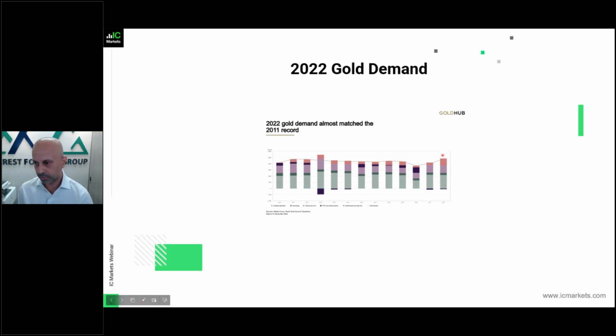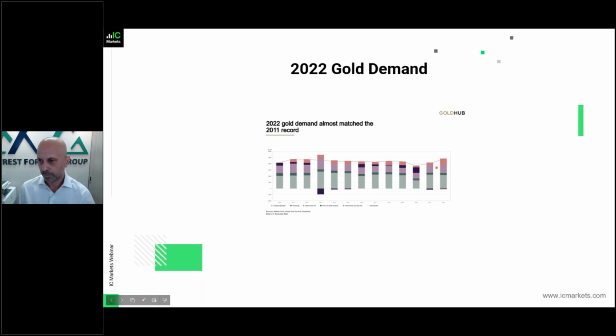Basically, this is for 2022 when we had total gold demand. Where my laser pointer is, this slightly reddish pinkish box, is central banks buying up gold. So this was demand coming in from central banks.